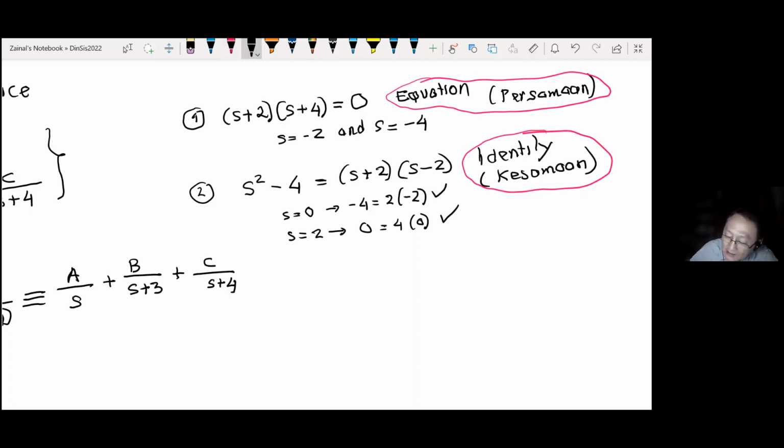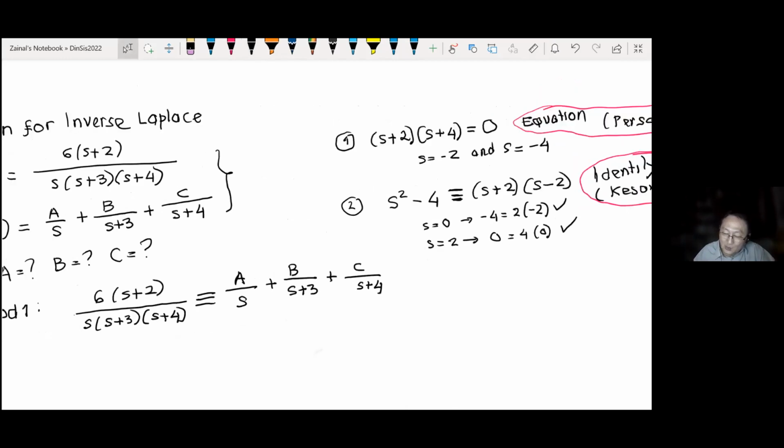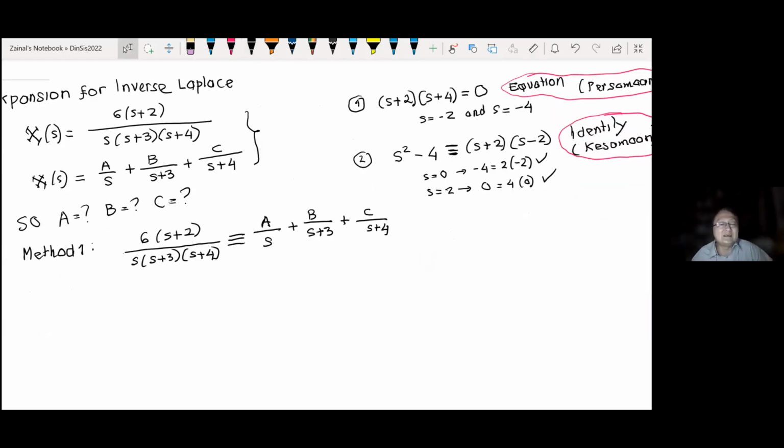Okay, so because this one is an identity, not an equation, it means this is valid for any value of s. First of all, just multiply this by s plus 3, s plus 4.